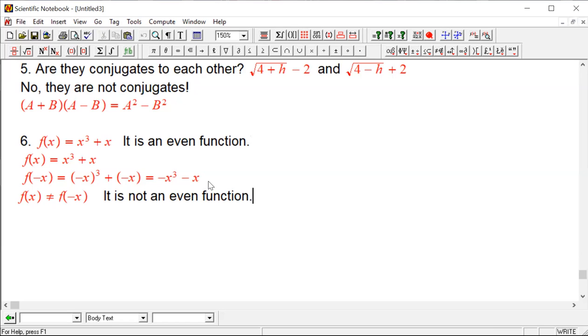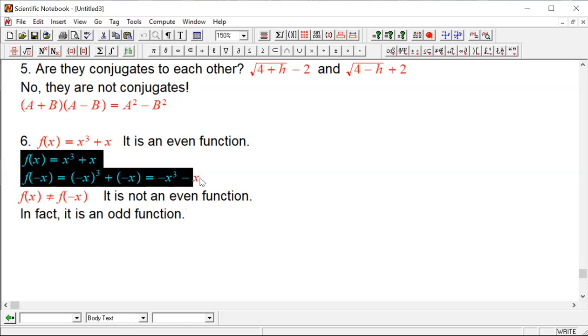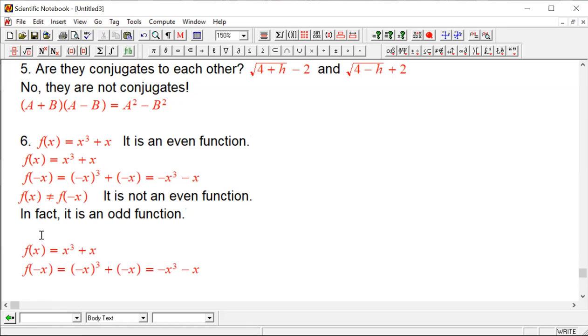Of course, we didn't ask you that many questions. In fact, it is an odd function, but we didn't ask you for that. For an odd function, you basically need to compare two things: f of negative x, and the negative of f of x.